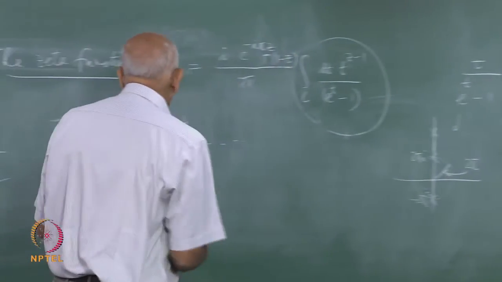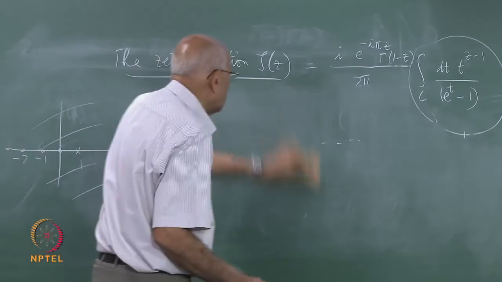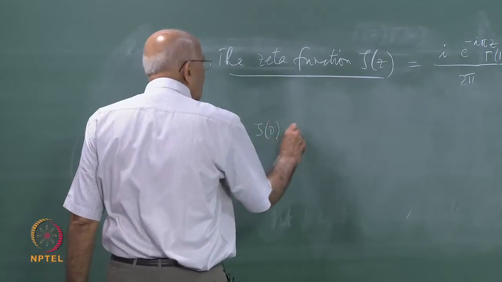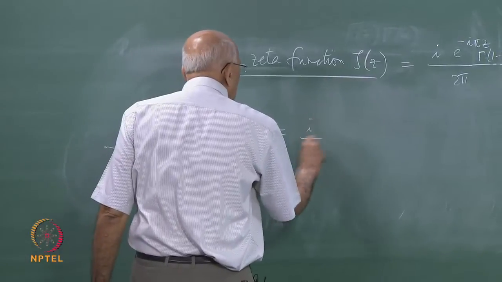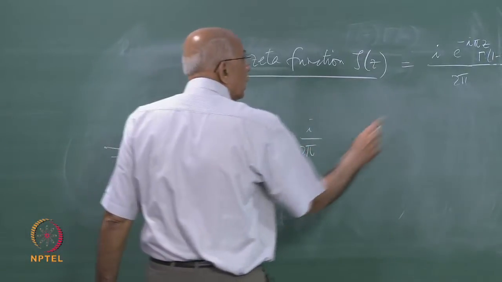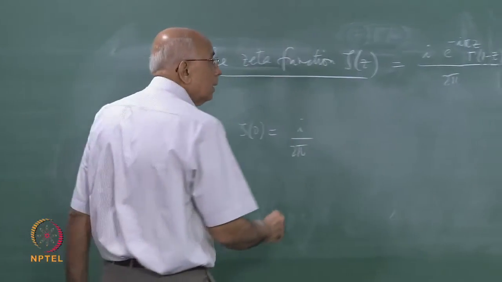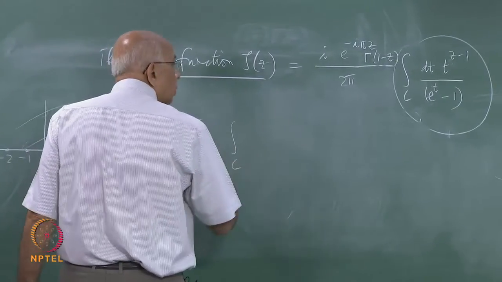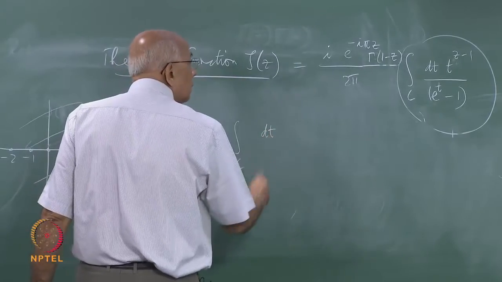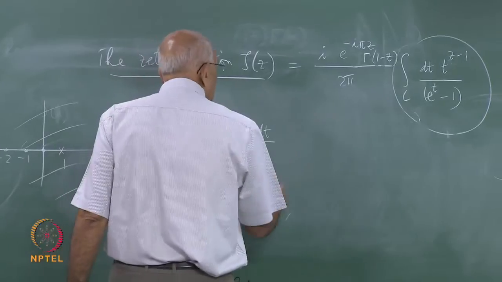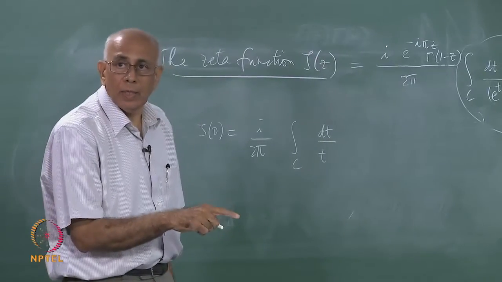Now look at what happens here. I am going to find what zeta of 0 is. So zeta of 0 is equal to, there is an i over 2 pi that I can't get over, and then e to the 0, gamma of 1 is 1, and then an integral over this contour dt over t e to the t minus 1.